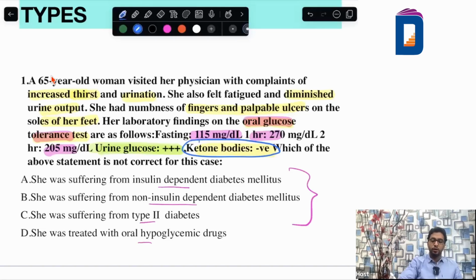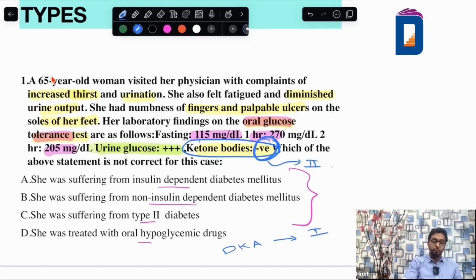And please note, there is something known as diabetic ketoacidosis, which is more common in type 1 and less common in type 2. So the moment they say it is negative, it is not type 1, which means it is type 2. Okay, now let's analyze.